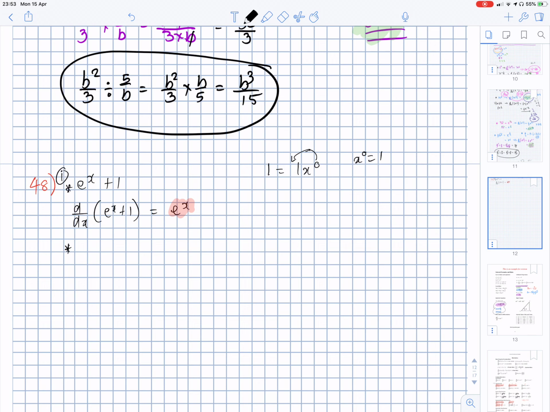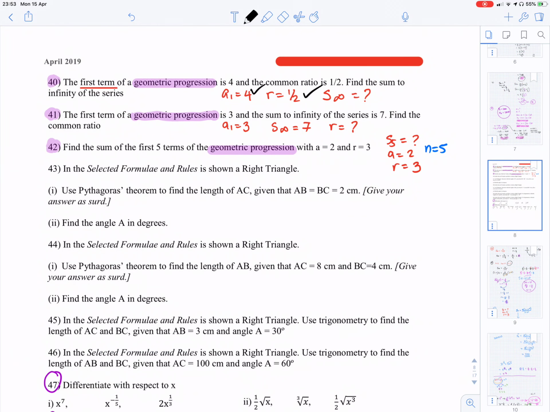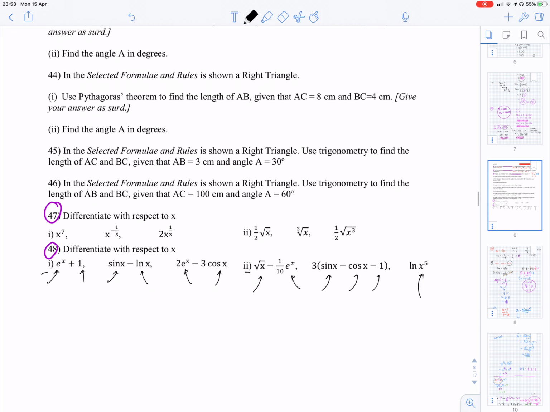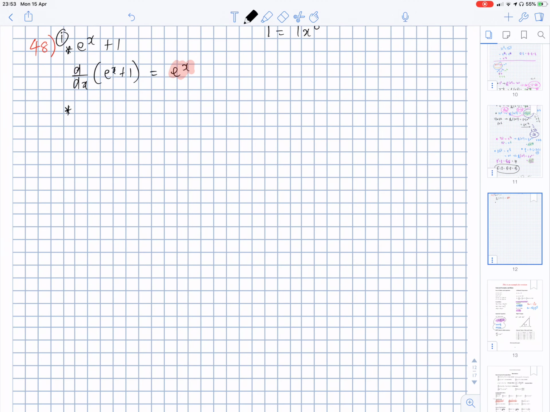The second one is sine x minus ln x. So we do d/dx of sine x minus ln x.